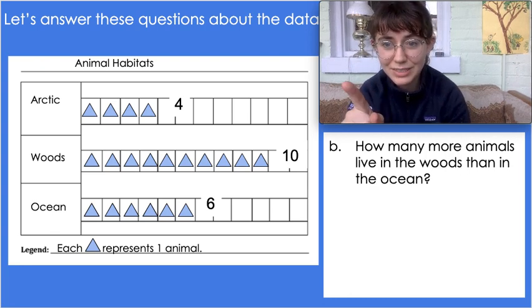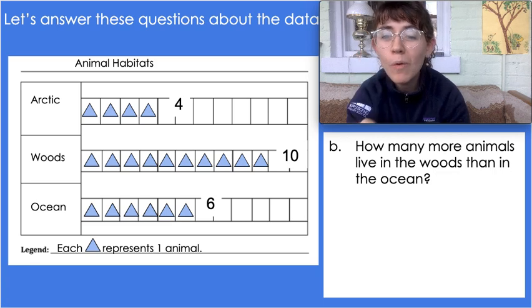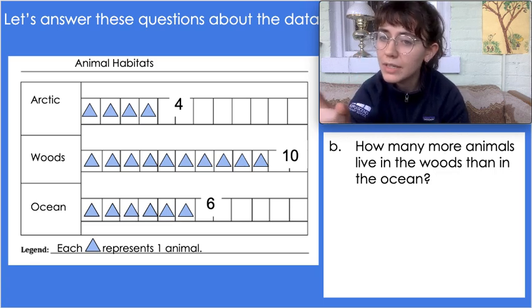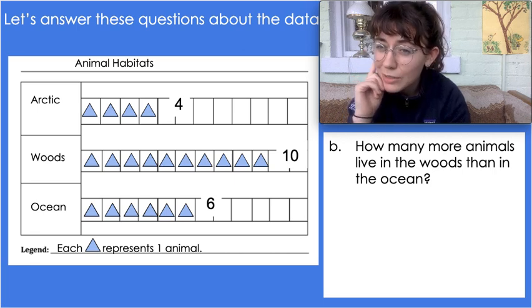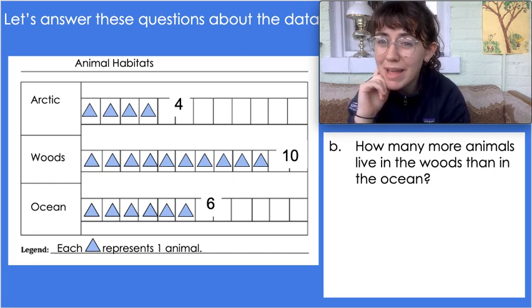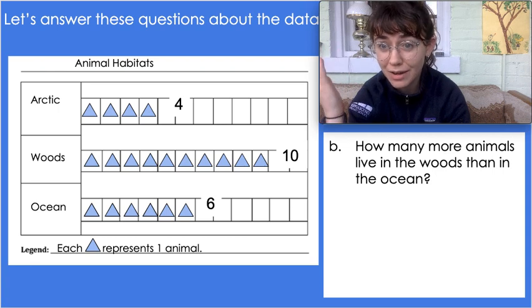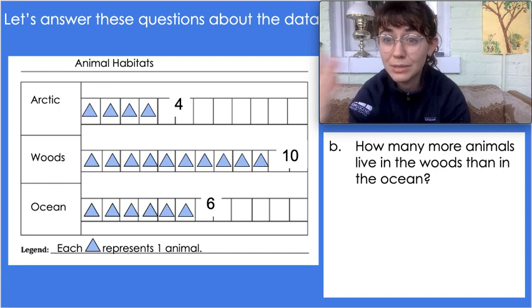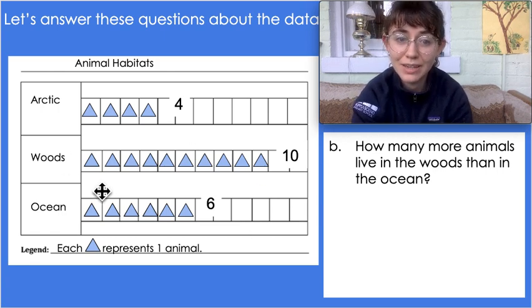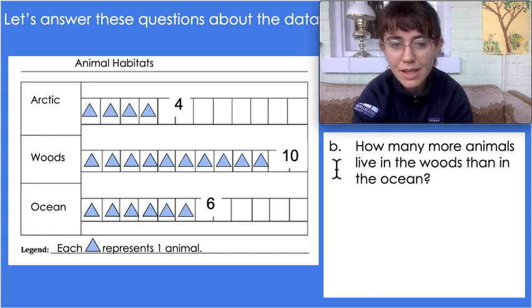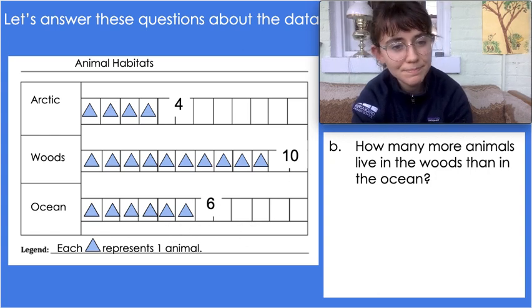Next question's a little tricky. How many more animals live in the woods than in the ocean? Did you hear a clue there? You should have heard the clue, how many more. That means we are comparing. So go ahead and write a subtraction sentence or a counting on sentence to find the difference between the wood animals, which is 10, and the ocean animals, which is 6.